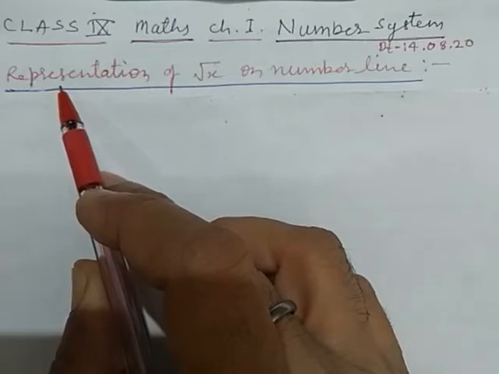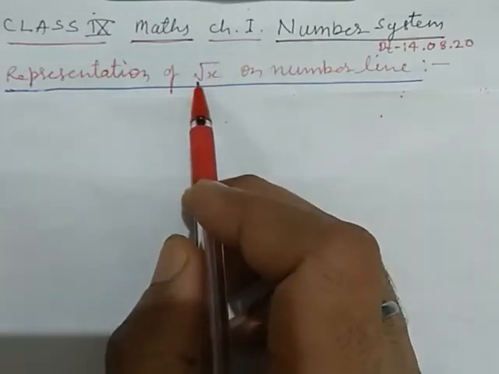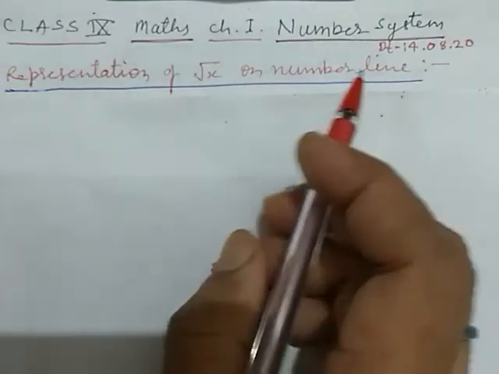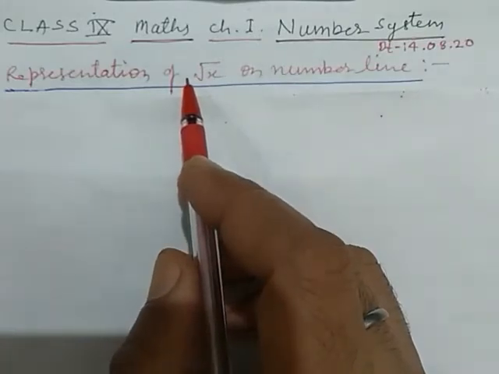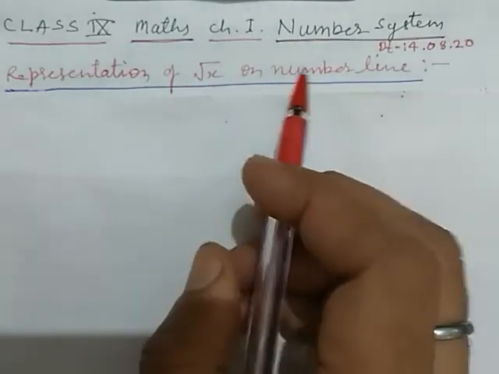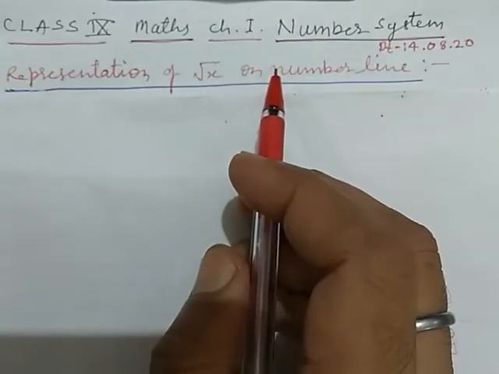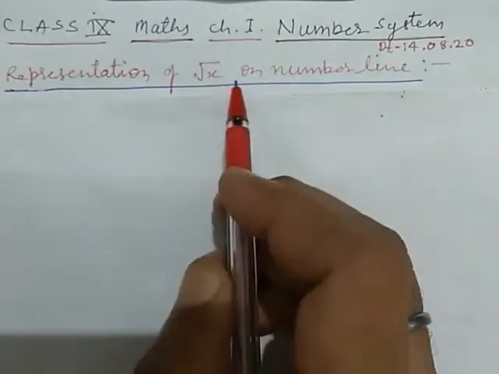Which way do we represent the square root of any number on the number line? To understand this, please watch this video carefully up to the end, so you can understand well. Now we start plotting root x on the number line.